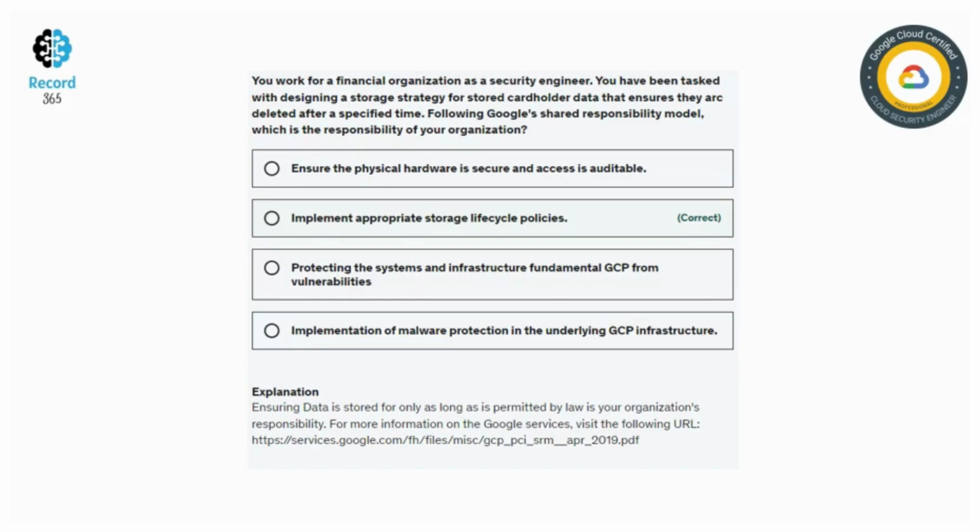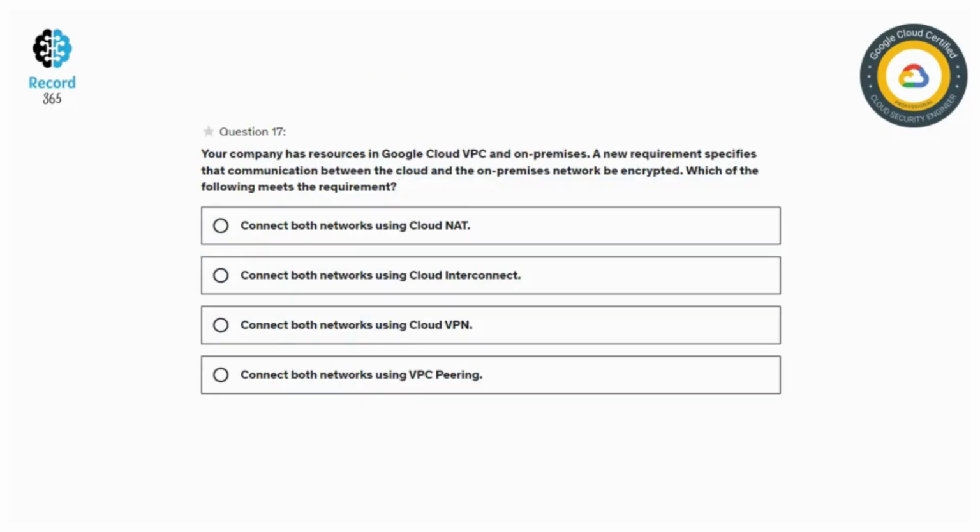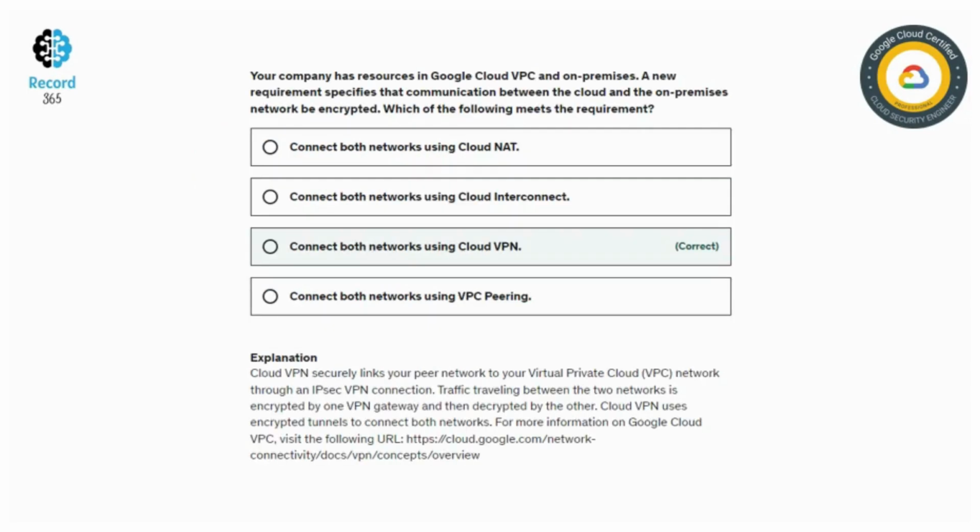The next question is, your company has resources in a Google Cloud VPC and on-premises. A new requirement specifies that the communication between the cloud and the on-premises network be encrypted. Which of the following meets the requirement? And the right answer is connect both networks using Cloud VPN.